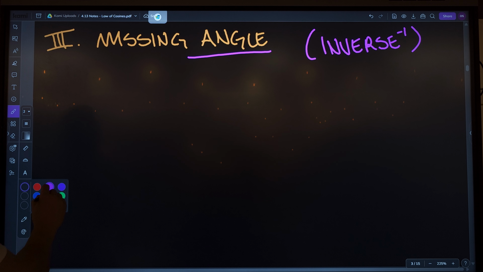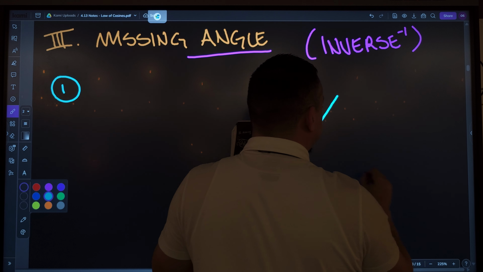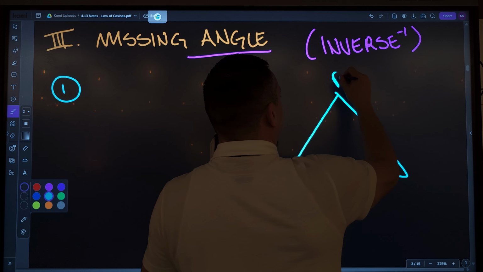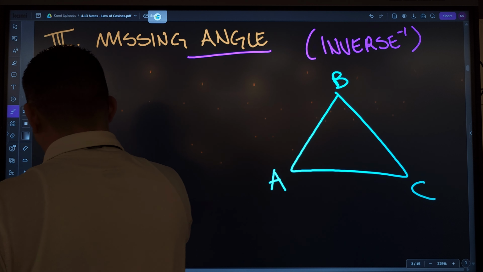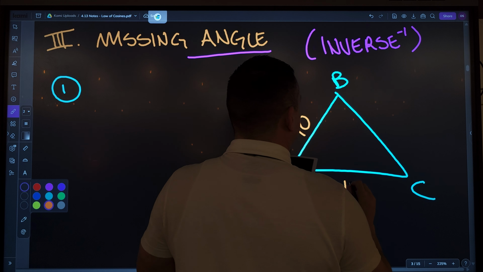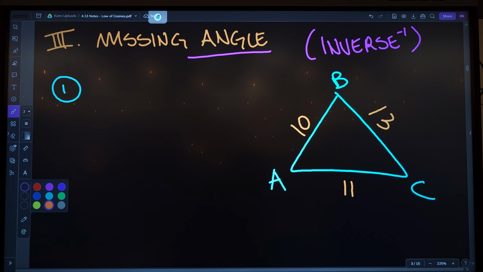So let's draw number one. Here's a triangle. A, B, C. Here are the sides: 10, 11, 13. What category would this be?